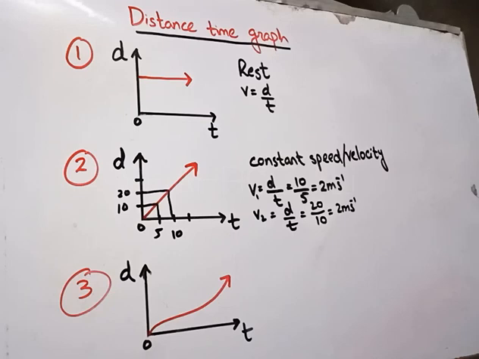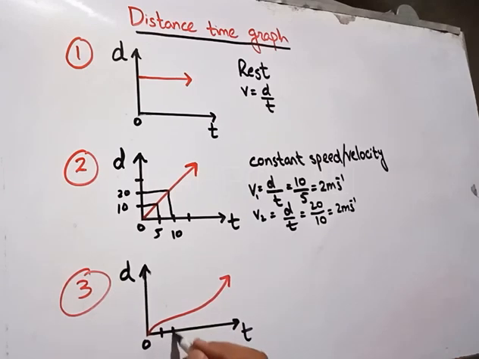In the third graph, the line is showing the distance is not covered equally in equal intervals of time. When you calculate it, you will know the speed or velocity that you find is not the same in all intervals.